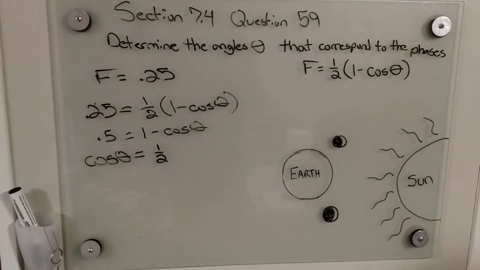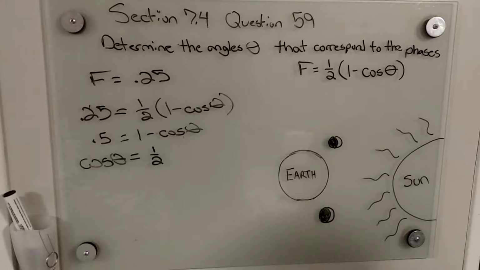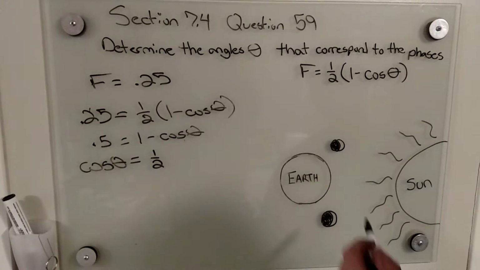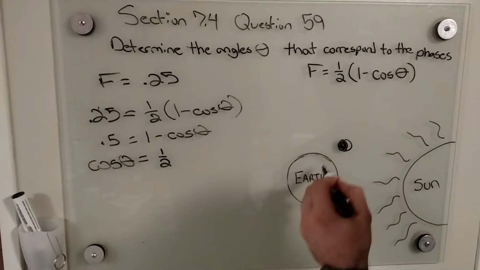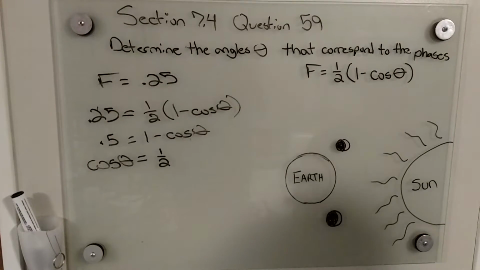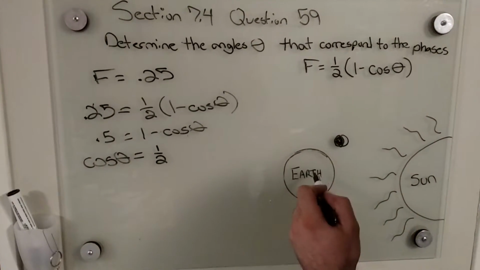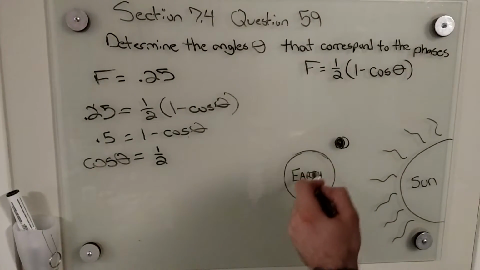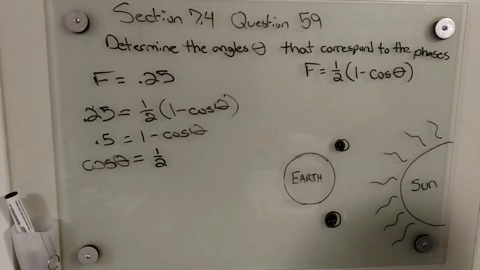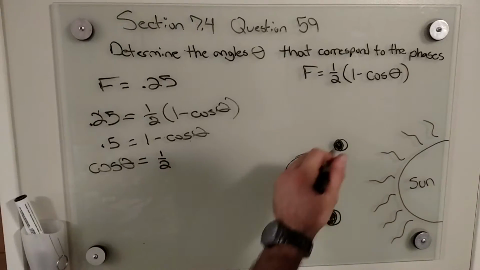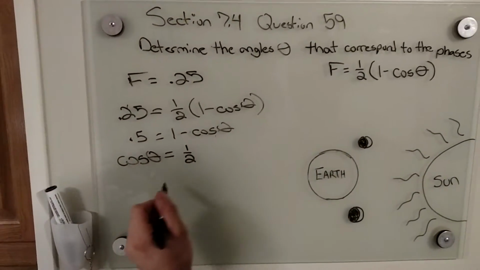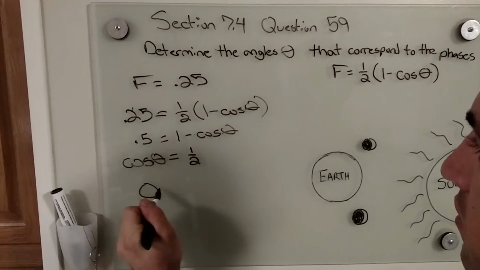And again, going back to the unit circle, where x equals 1/2 is actually at the pi over 3 section, but remember it can also be either one of these angles here. So pi over 3 we know is equal to 60 degrees.